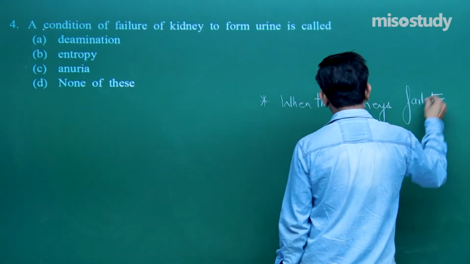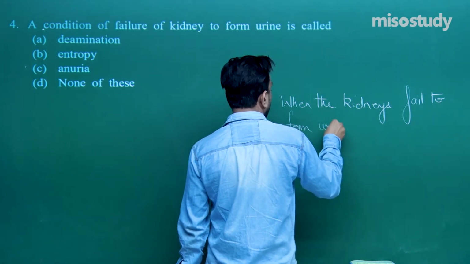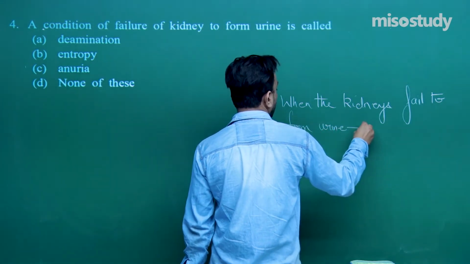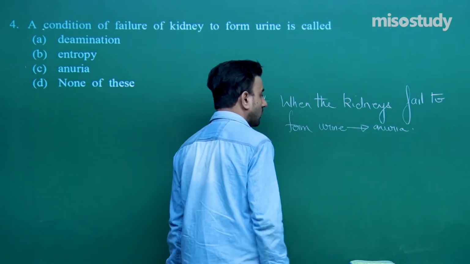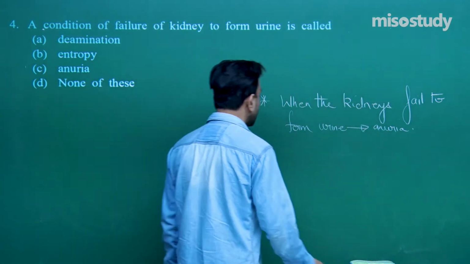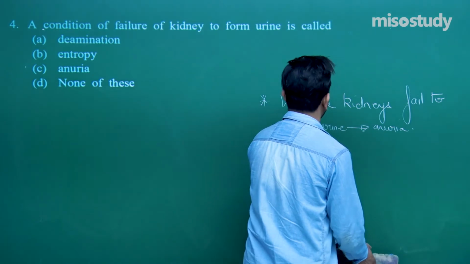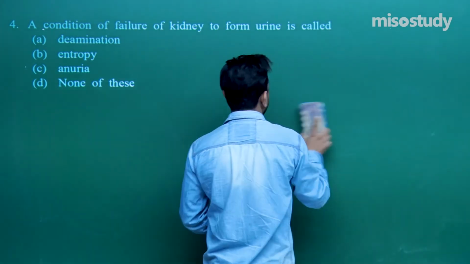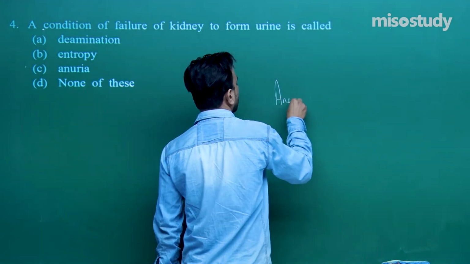Less frequent urination we can call as oliguria, different terms. So, we can just write those terms rather than writing the whole thing.